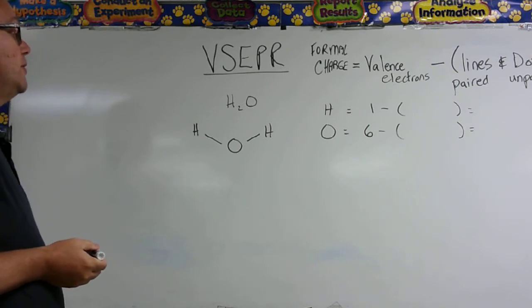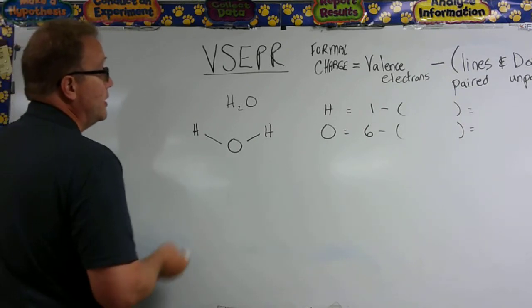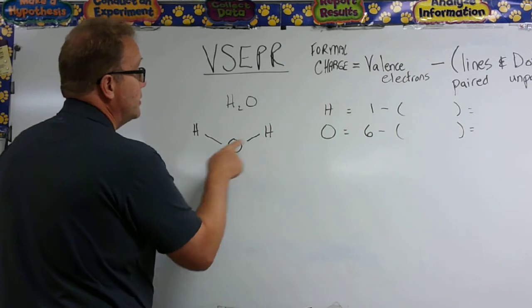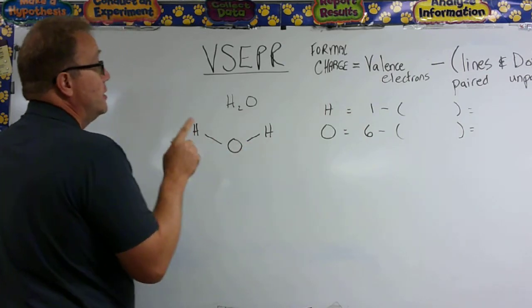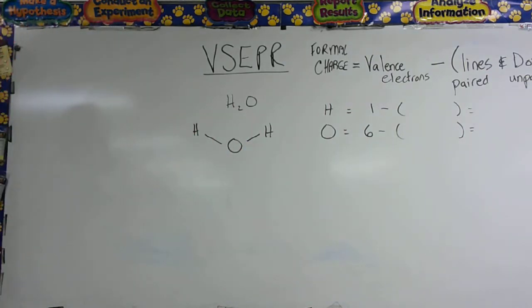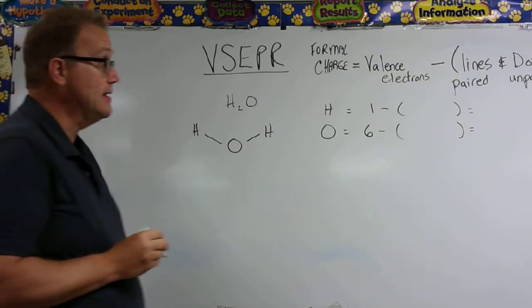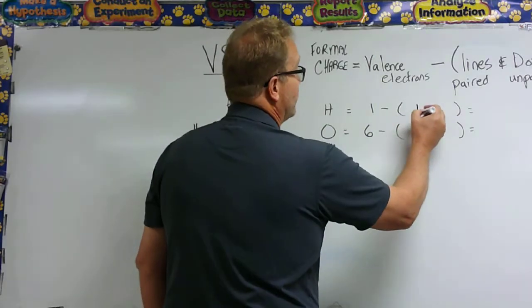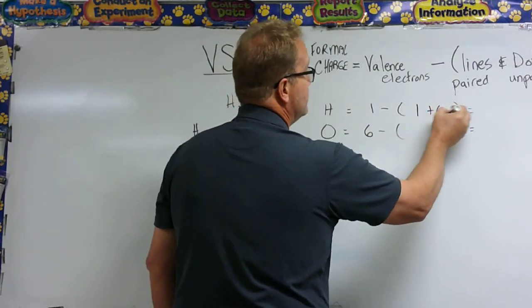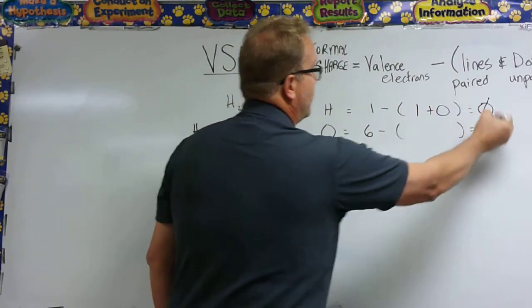Okay, so first of all, I'm just going to go ahead and put all my dots around my outer ones, but I don't need them. Hydrogen's always going to need just one line. Why? Because 1 minus 1 equals 0.